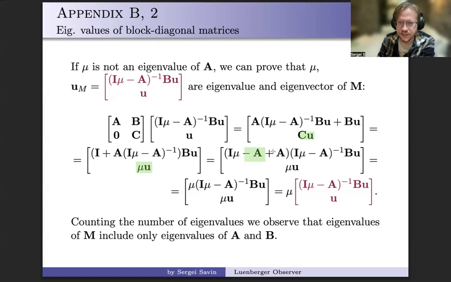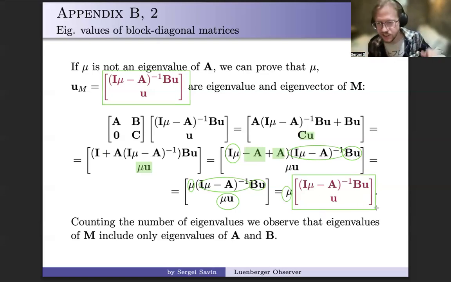Now, this clearly cancels with this, so it goes away. And what we are going to have is this expression here, which is just mu times this inverse times BU, and mu here. Mu we can take out of the brackets, we get mu, and what is left is exactly the same as this guy. This and this are exactly the same. That's the proof.